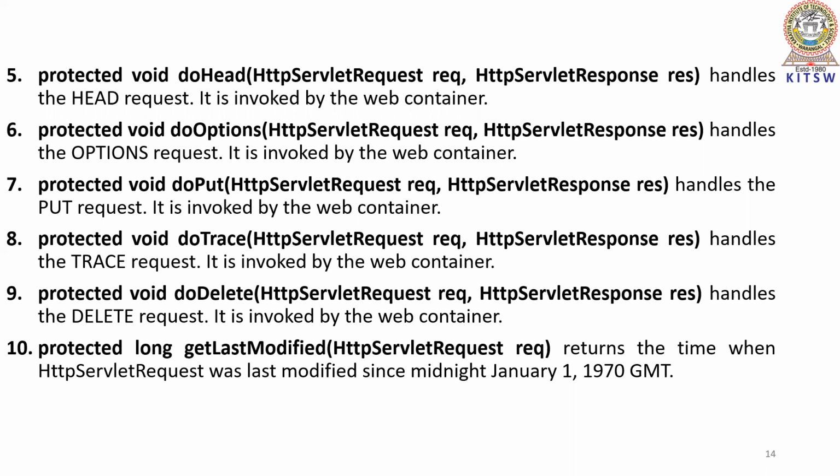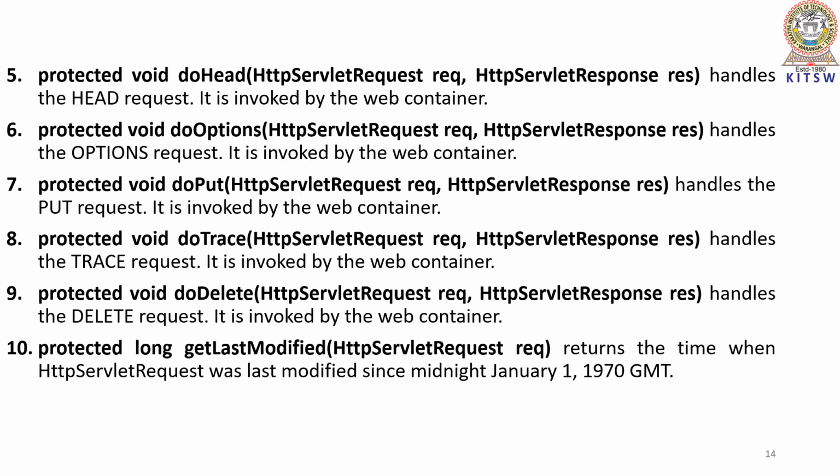Next, the protected void doTrace method, or simply we will call it the doTrace method. It is called whenever we want to handle a TRACE request, which is again invoked by the web container. The doDelete method, again, we call whenever we want to handle a DELETE request.